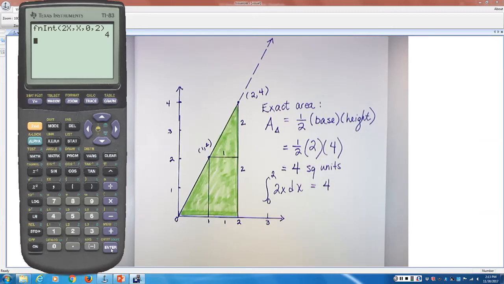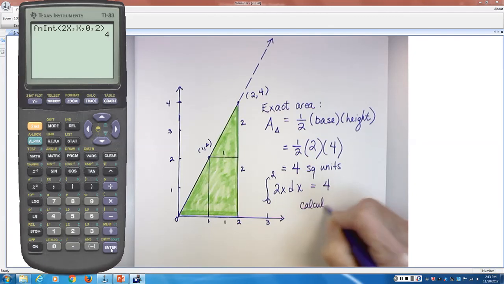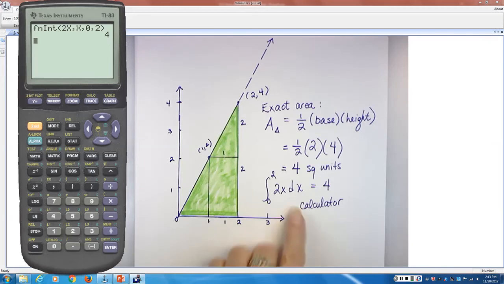Now that's the calculator answer. We can also do this very, very easily with calculus.